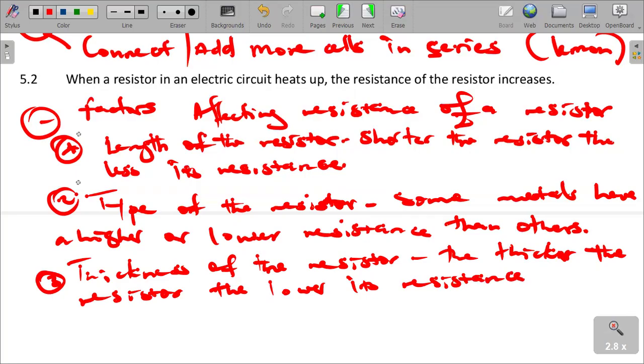Or we can say also that in terms of the thickness, the thinner the resistor, the higher the resistance, which is also correct. So factors affecting resistance of a resistor are such as those: the length of the resistor, the type of the resistor, and also the thickness of the resistor, which I have just explained now.